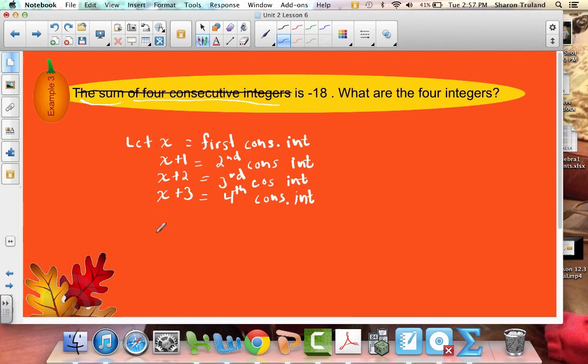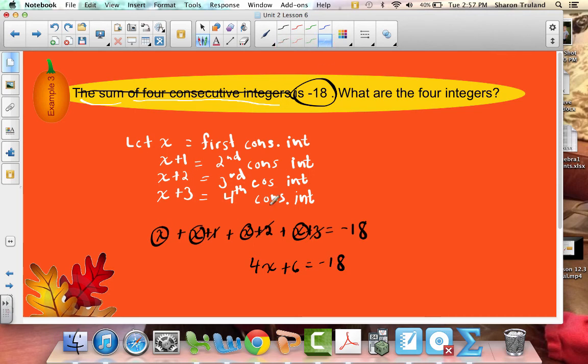All right, so x plus x plus 1 plus x plus 2 plus x plus 3, and that should get me negative 18. Right. Combine like terms. 1, 2, 3, 4 x's. 1 plus 2 is 3, plus 3 is 6.